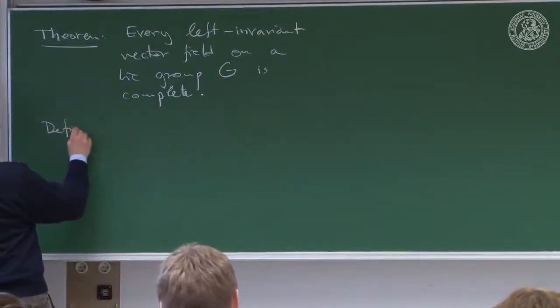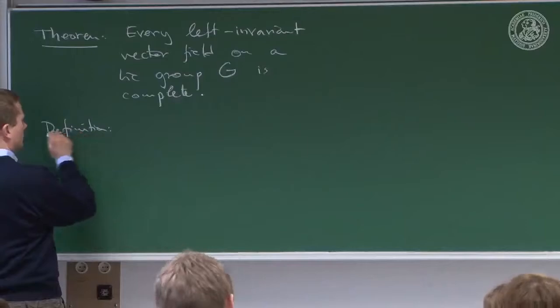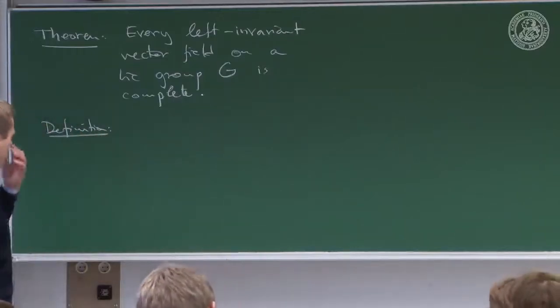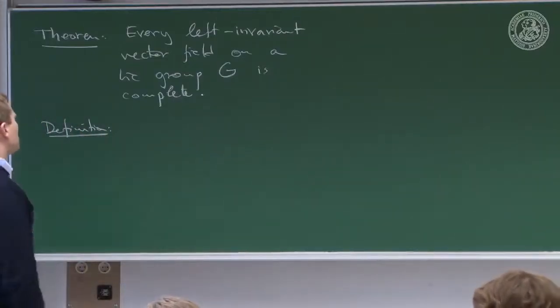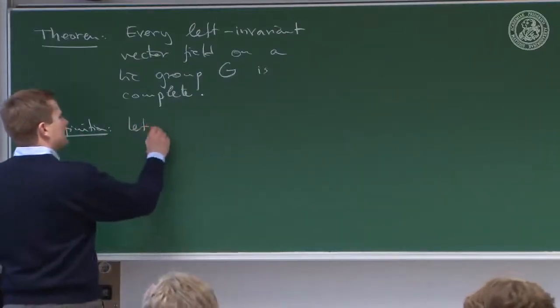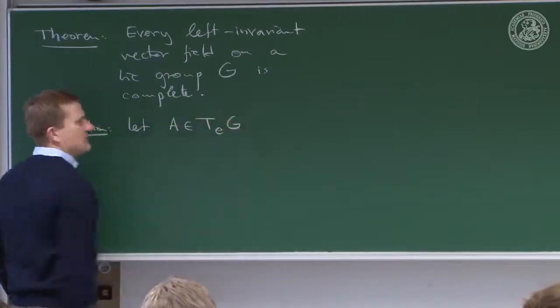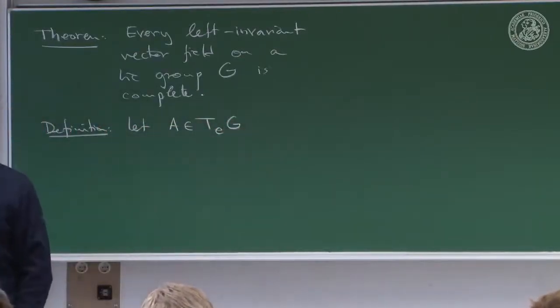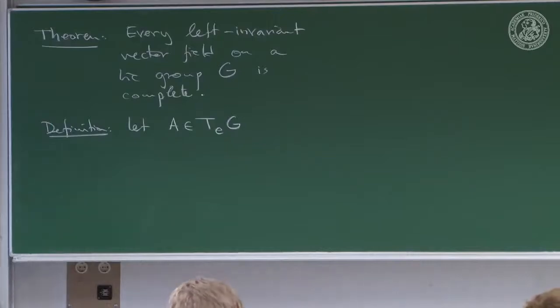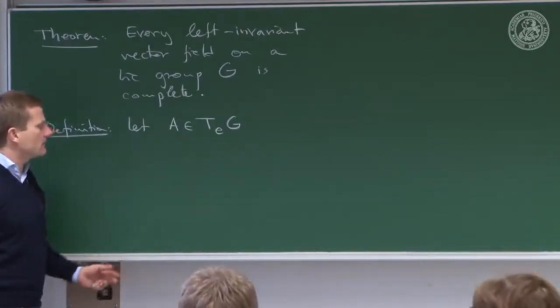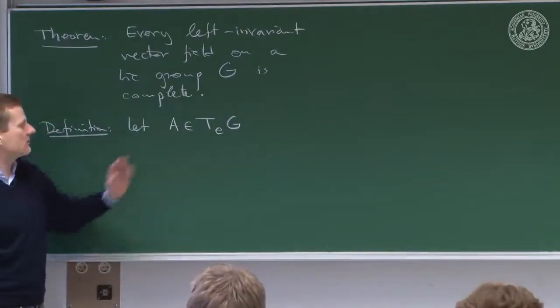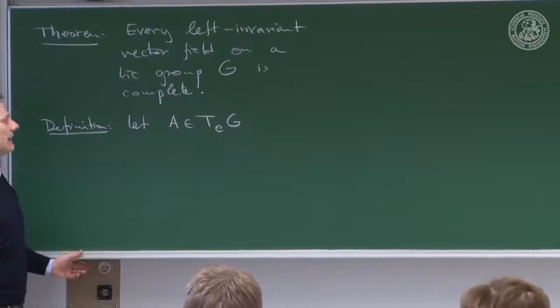Definition. Let's say we take an element A from the tangent space at the identity. So what we decided would be the convenient space in which we think the elements of the Lie algebra lie.